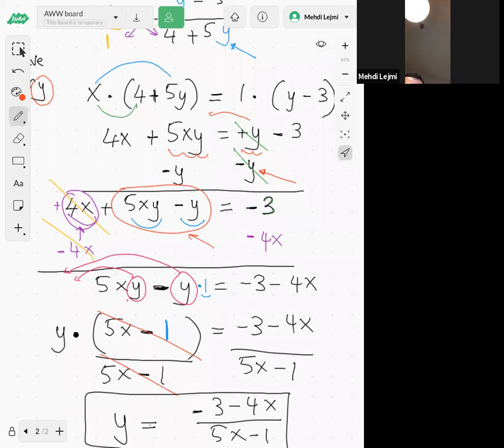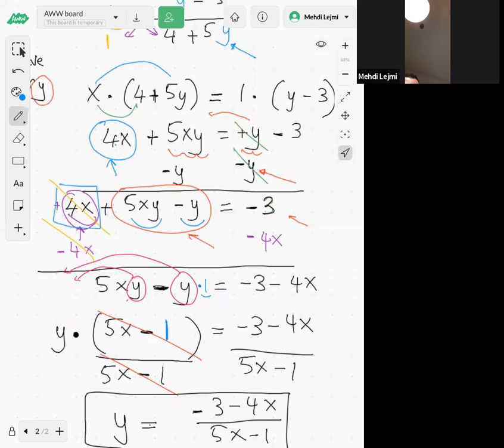On the right side, there's nothing here except this minus 3, right? But then again, the idea is to have y as a common factor. But the thing is, this 4x, you see this 4x, there is no y here. So that will be a problem if I want to factor out y, because there's no y here, right?